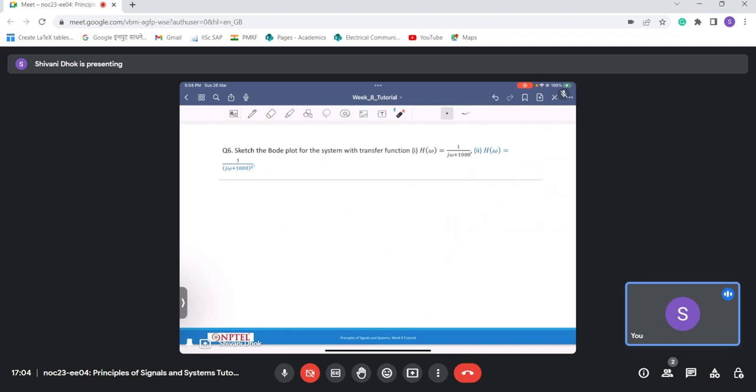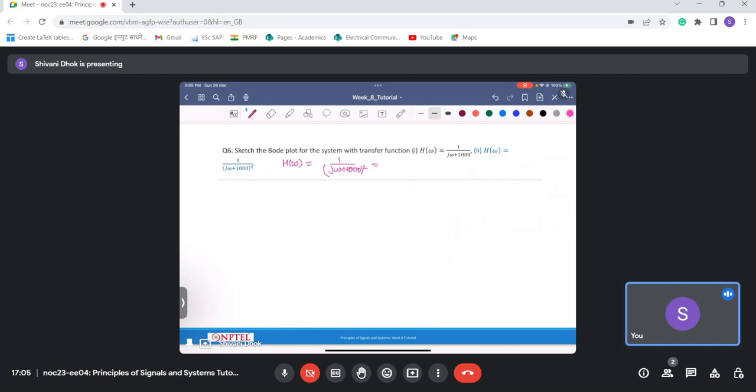So let us try to draw the Bode plot for this question. Now what do we have is H of omega is equal to 1 upon (j omega plus 1000) whole square.